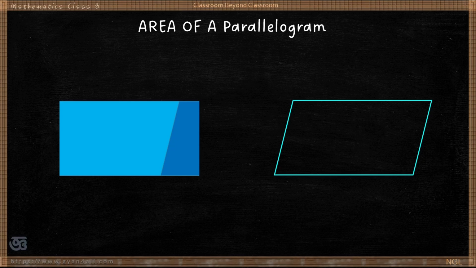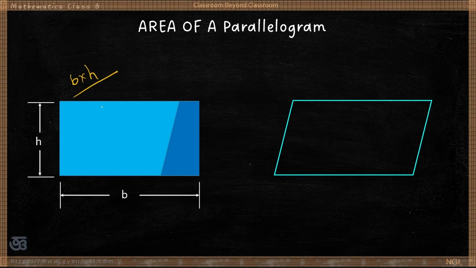And for a rectangle, we know the area is equal to b into h, where b is one side and h is the adjacent side, and this adjacent side is also the perpendicular distance. Now this base multiplied by height is the area of the parallelogram also.